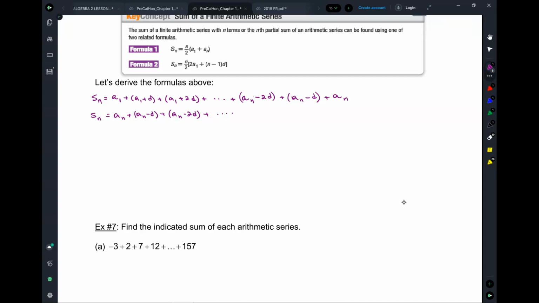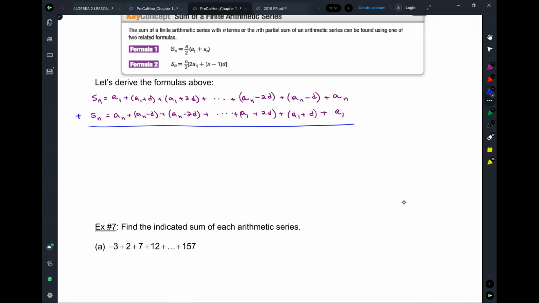So a1 plus 2d, plus a1 plus d, plus a1. Right? Now, guess what I'm going to do? I'm going to add these 2. Why? Because it's fun.